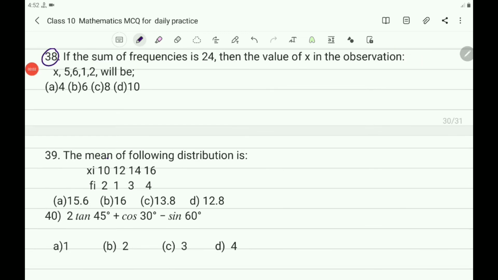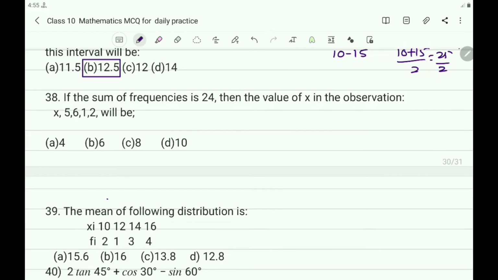Now question number 38. If the sum of frequencies is 24, then the value of x in the observation x, 5, 6, 1, 2 will be. Here the sum of the frequencies is 24 and these are the individual frequencies. So the sum of all these must be equal to 24. Add all these: 5 plus 6 is 11, 11 plus 1 is 12, 12 plus 2 is 14. x plus 14 equals 24.